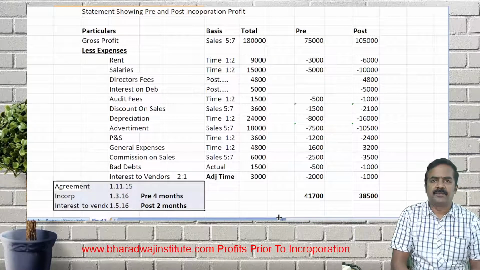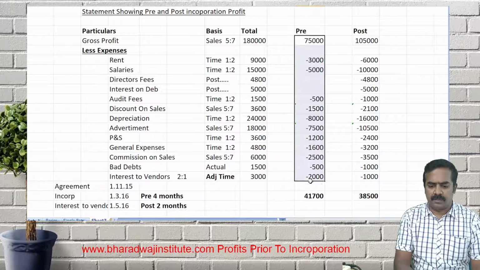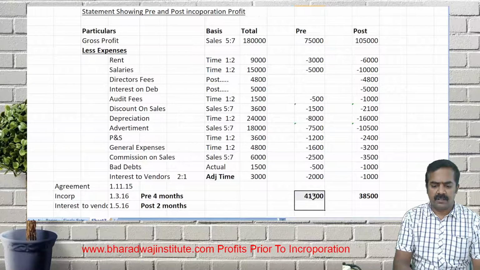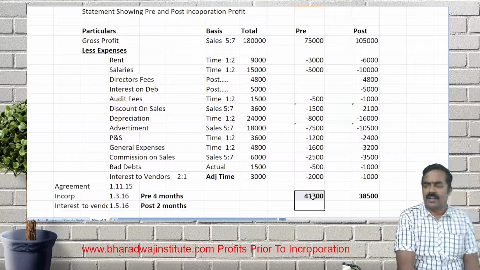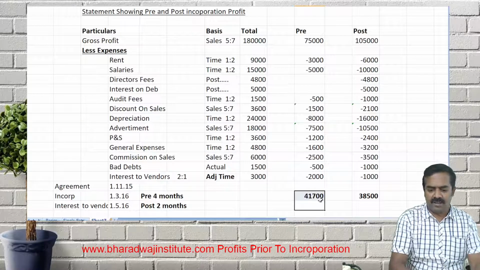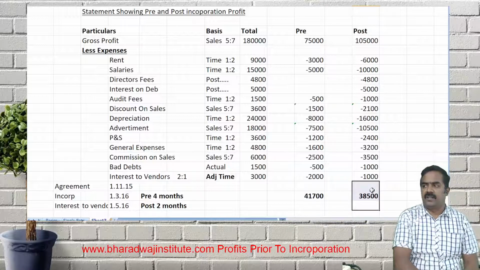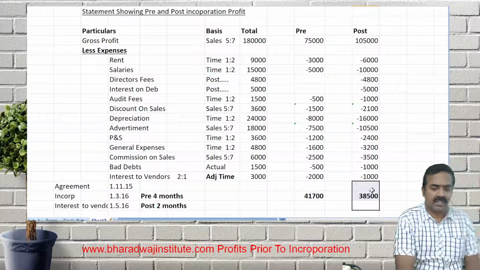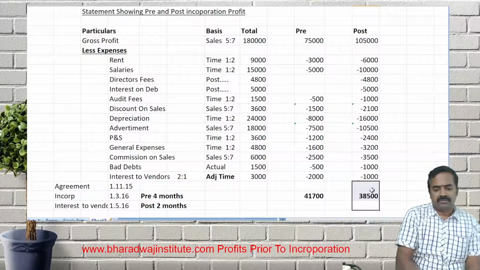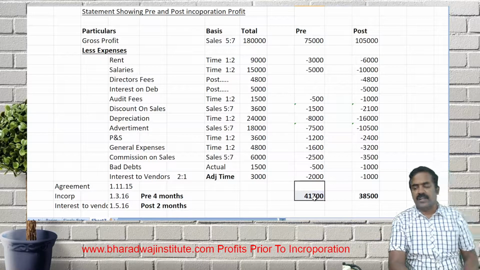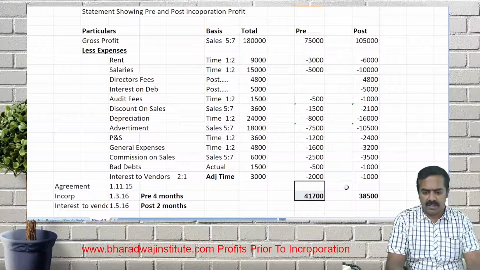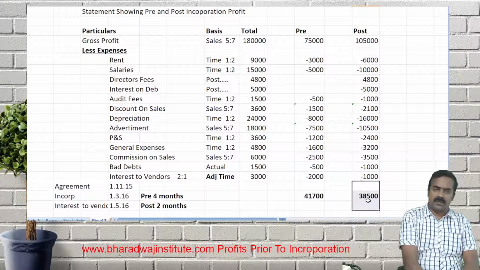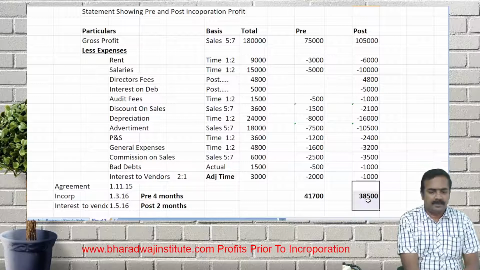In a sentence, pre-incorporation period profit. What is the pre-incorporation period profit? 41,700. Transferred to capital reserve, not available for dividend. Post-incorporation profit available for dividend. How much? 38,500. Pre-incorporation profit is a capital profit to be transferred to capital reserve. You must write it. It is not available for which one? Dividend or managerial remuneration. Post-incorporation profit is available for what? Dividend or managerial remuneration.